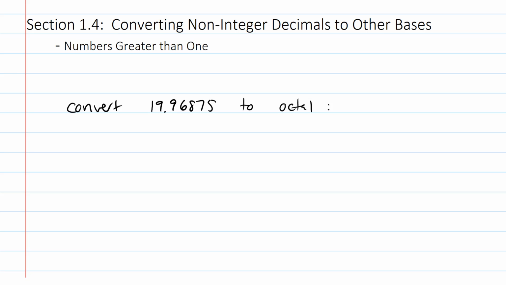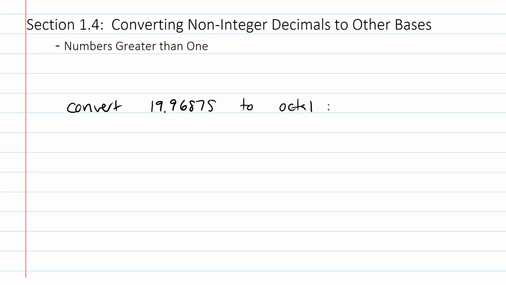And it's a grand tradition in math and science, engineering, and technology, if you have a new problem, to try to reduce it to a previously solved problem. So what we're going to do is break this into two parts. We're going to convert the 19 to octal using our previous method, and we're going to convert the decimal 0.96875 to octal using that other method.